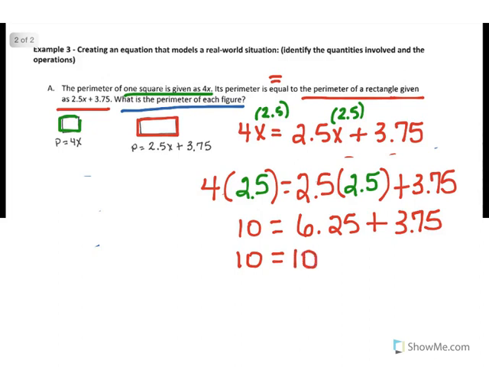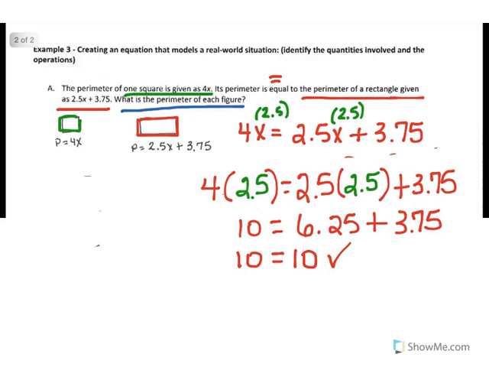And it told me its perimeter is equal to the perimeter of the rectangle. So the perimeter on the left is 10, the perimeter on the right is 10. So actually, if you look at it, we performed our check in order for us to find the perimeter of each figure.